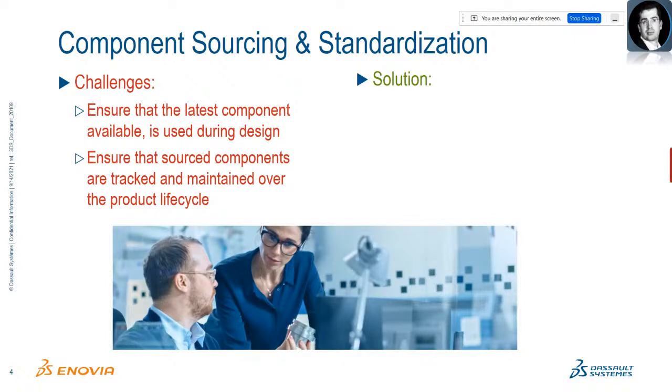The first one is from an engineering perspective, ensuring that the latest component available is used during the design. And when we talk about components here, it is usually the ones that come from external partners and suppliers. And the second one is that the sourced components are tracked and maintained over the product lifecycle.